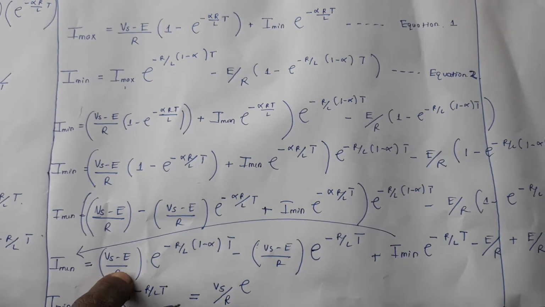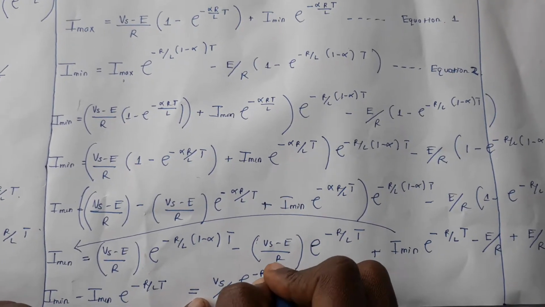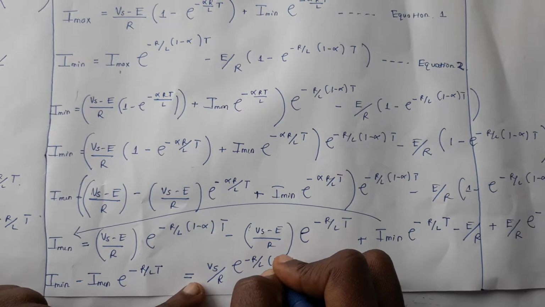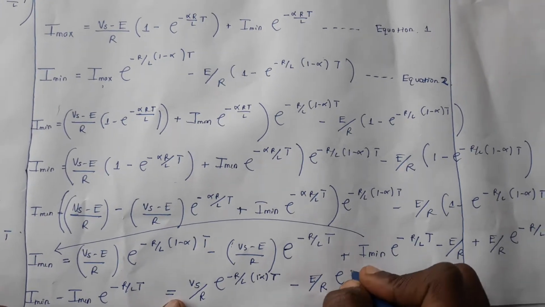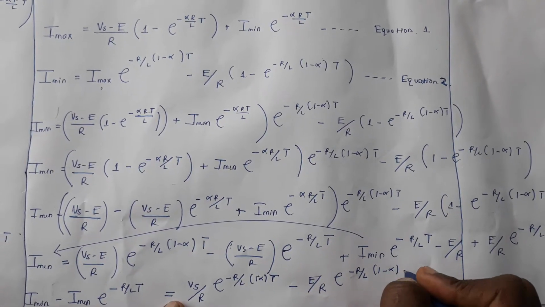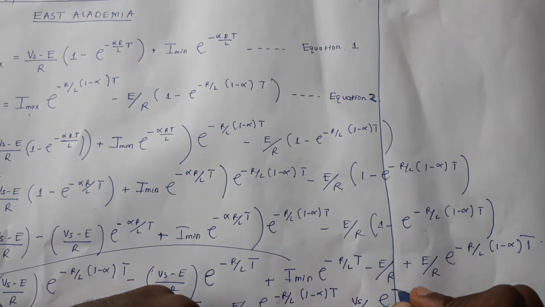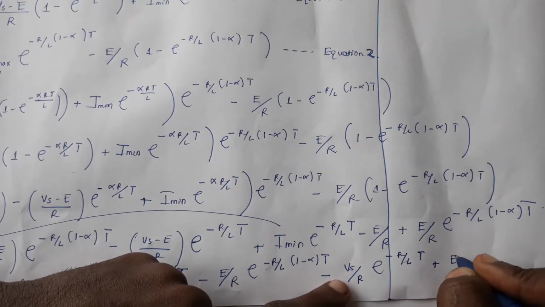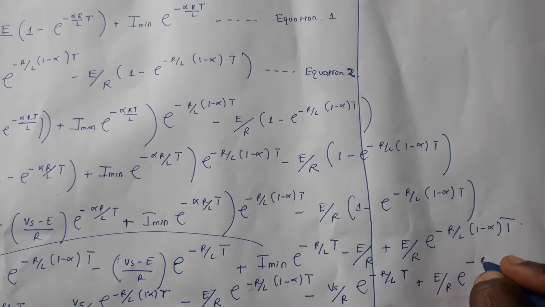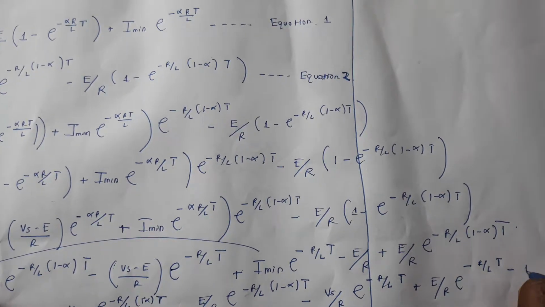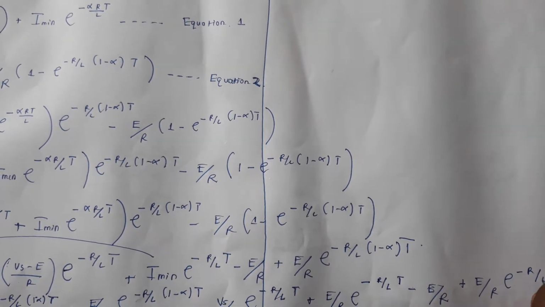So we open: Vs over R exponential minus R over L (1 minus alpha) T, minus E over R exponential minus R over L (1 minus alpha) T, minus Vs over R exponential minus R over L T, plus E over R exponential minus R over L T, minus E over R plus E over R exponential minus R over L (1 minus alpha) T.